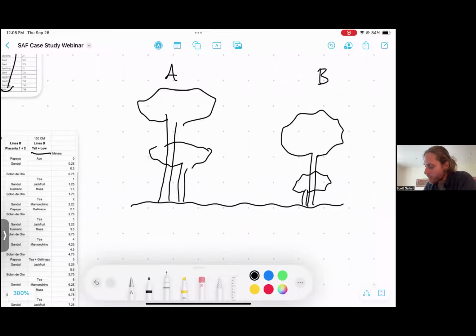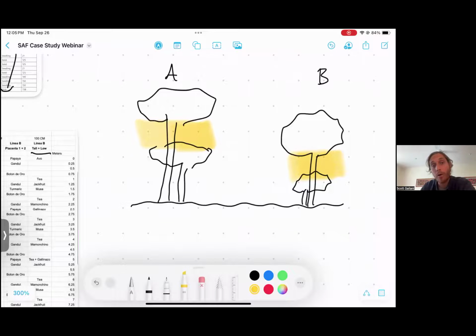What we're trying to do is maintain these gaps between the canopies here. And so this is how we stack things on top of each other and create these really dense systems in syntropic farming.